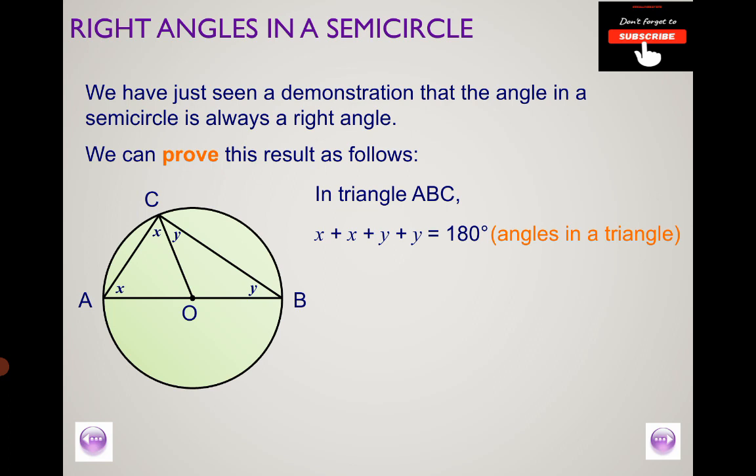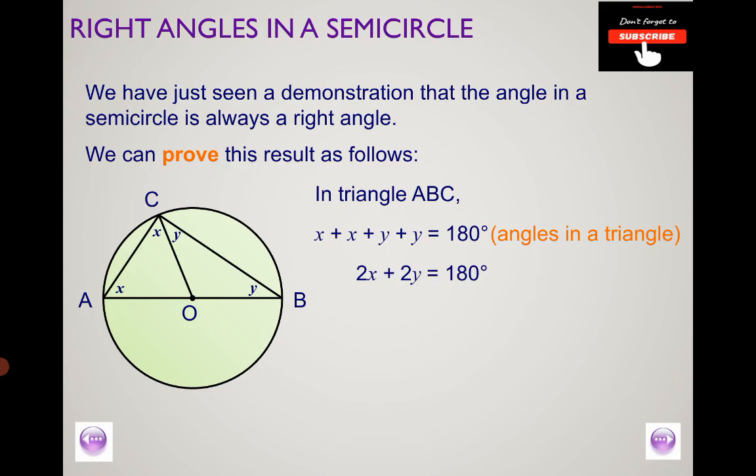Okay, so if that's the case, then if you consider triangle ABC, if we add the angles up, this angle x, this angle x, this angle y, and this one here, they'll add up to 180 degrees. Remember in Form 1 you learned that the angles in a triangle add up to 180 degrees. So we can add all these angles and equate the result to 180 degrees.